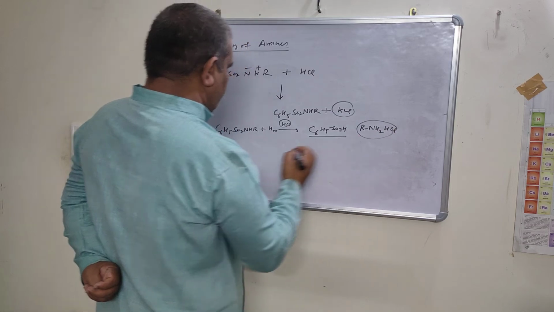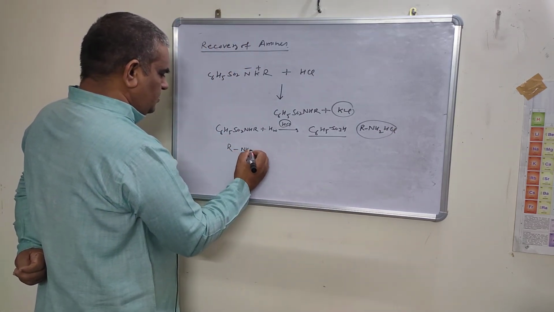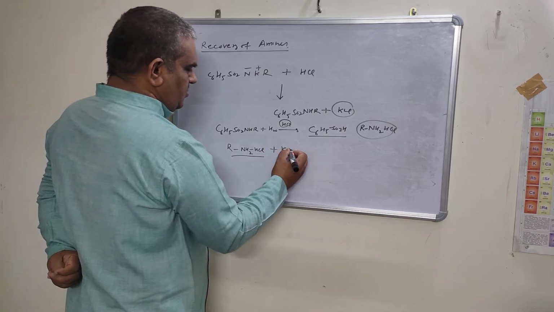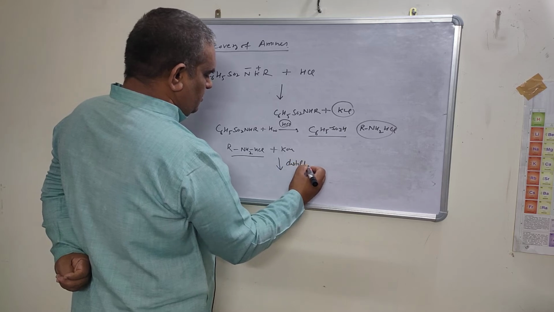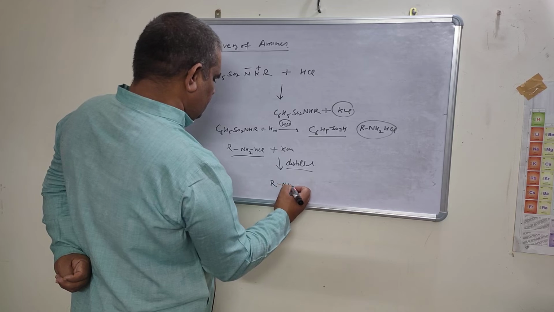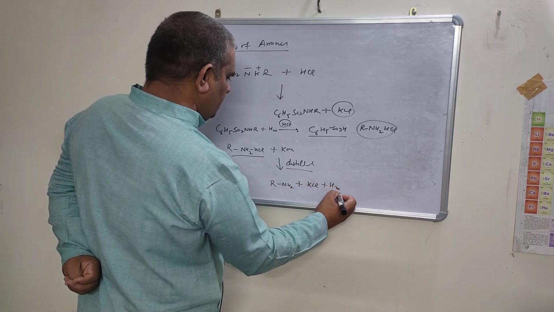This primary amine hydrochloride with potassium hydroxide undergoes distillation, from which the primary amine is recovered, along with potassium chloride and water.